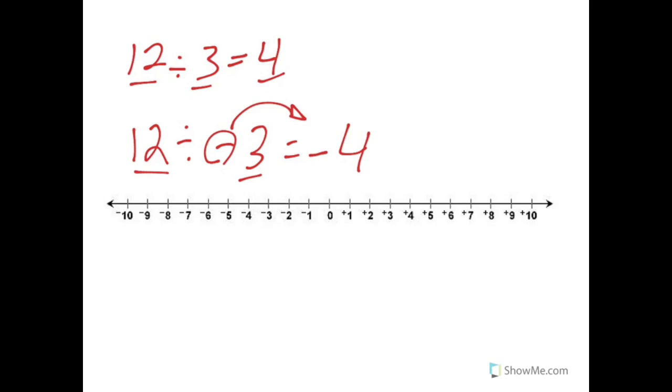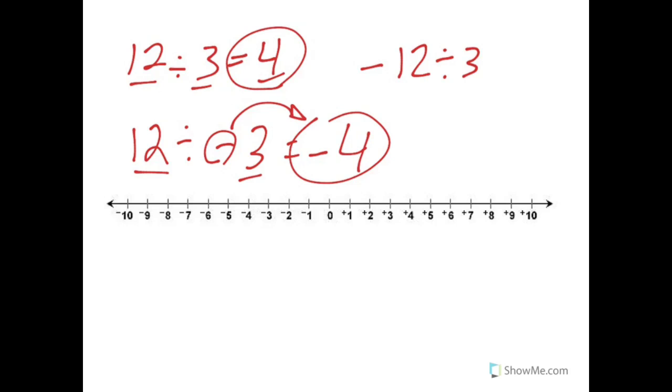So a positive divided by a negative gives you a negative answer, whereas a positive divided by a positive gives you a positive answer. If you have a negative divided by a positive, 12 divided by 3 is 4, you still have that negative symbol, it moves over. So if the signs are the same, okay, it's positive.